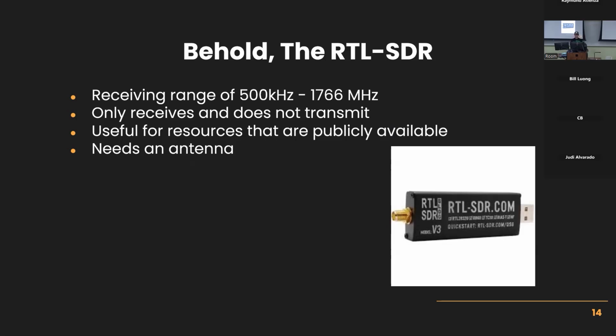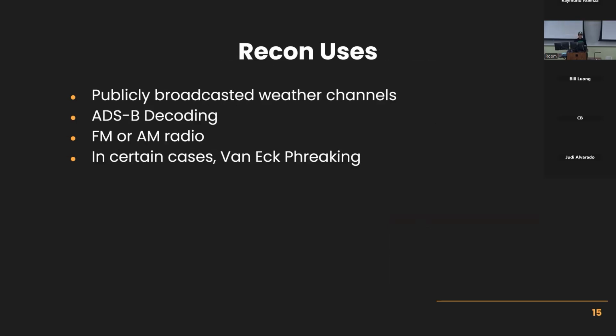Let me go over that. Public resources that are not limited to this are publicly broadcasted weather channels, ADS-B decoding, FM and AM radio, of course, and in certain cases, Van Eck phreaking. I shall explain all of this.